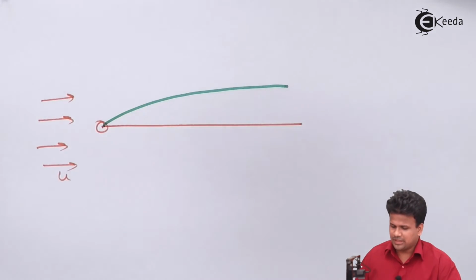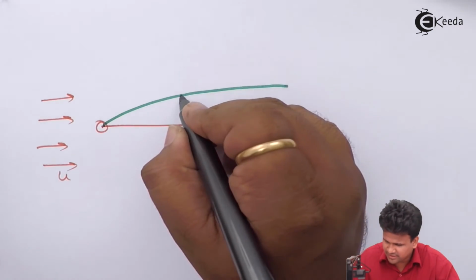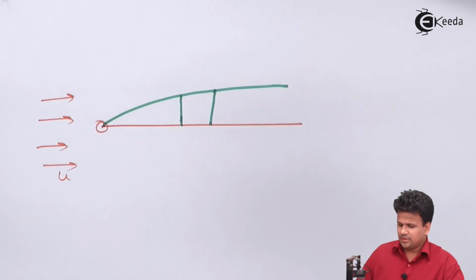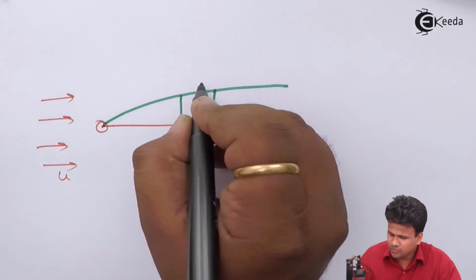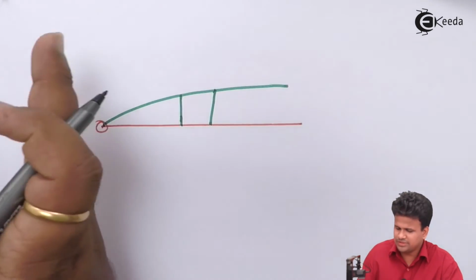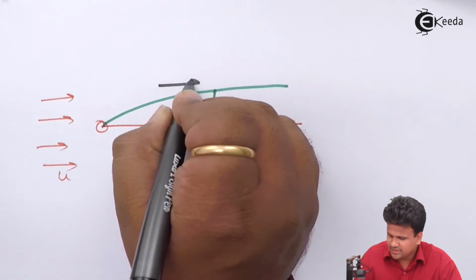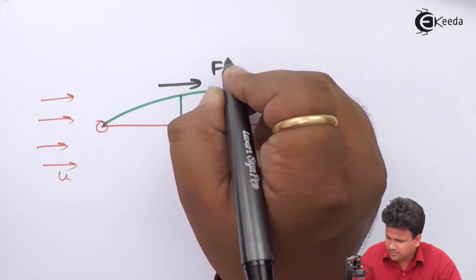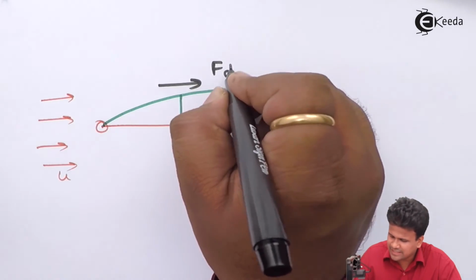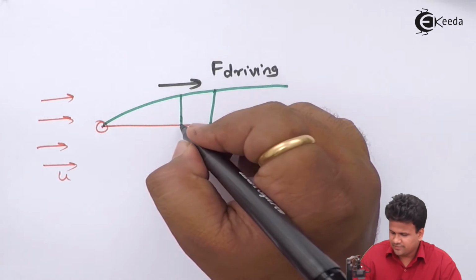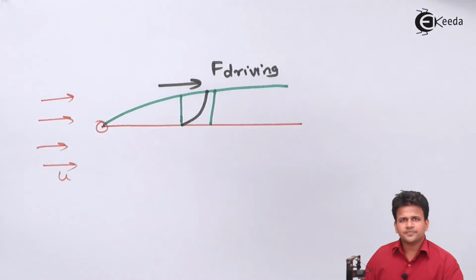Now during this boundary layer generation, we have taken this small layer of the boundary layer. The force due to its velocity is dragging this in this direction. We can put this force as the driving force. So due to this there will be some velocity gradient.